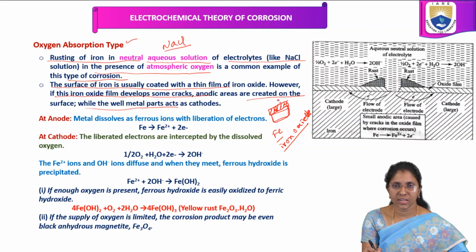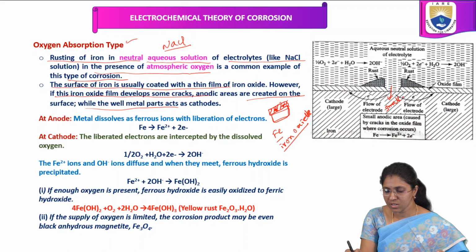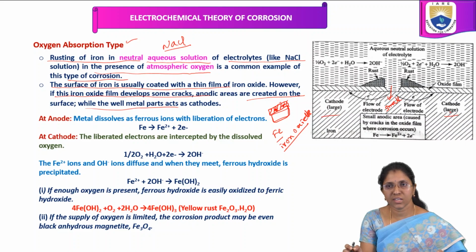So the well parts, meaning the not cracked parts of the metal, act as cathode, and that is not undergoing corrosion. The parts exposed to the environment, meaning the parts at pores, will act as anode. Means here anodic area is very small, but cathodic area is large.